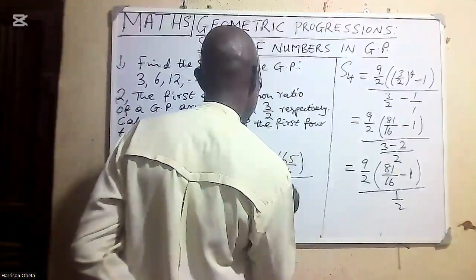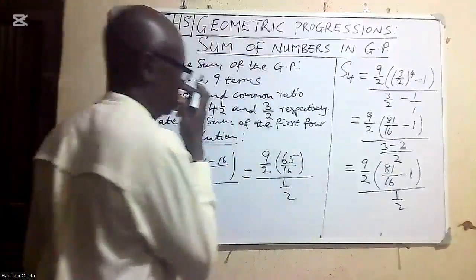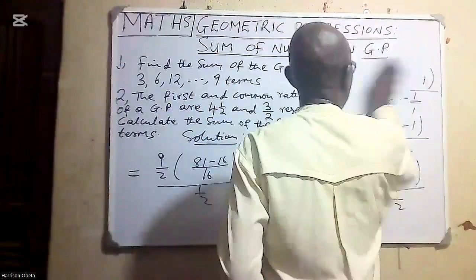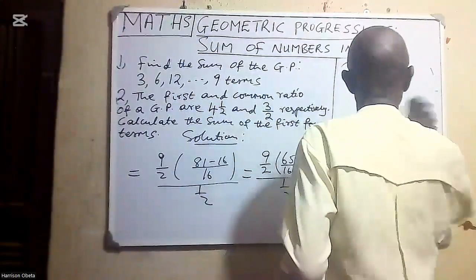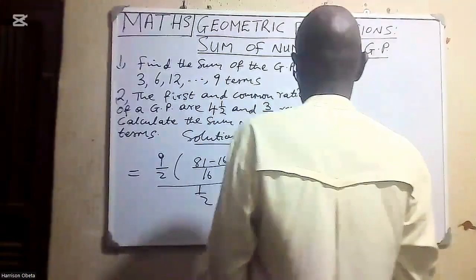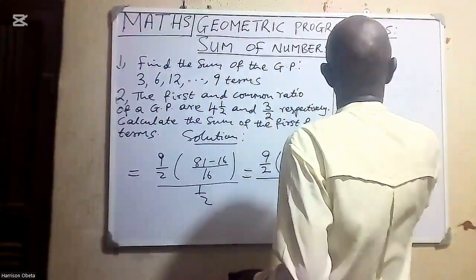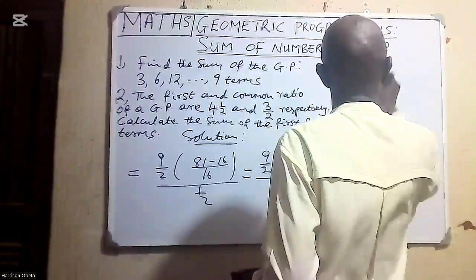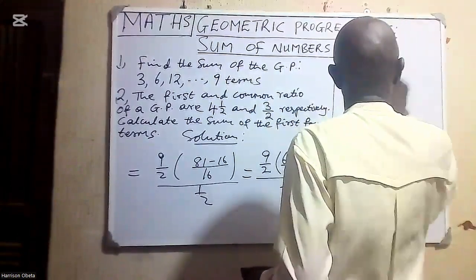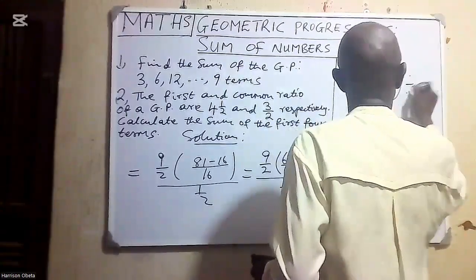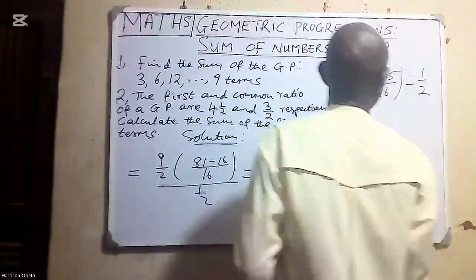So we move on, and that will give us 9/2 bracket 65/16, then divided by 1/2.